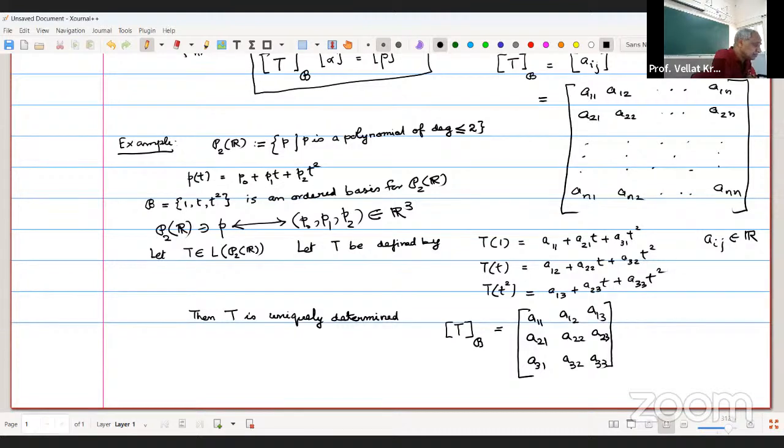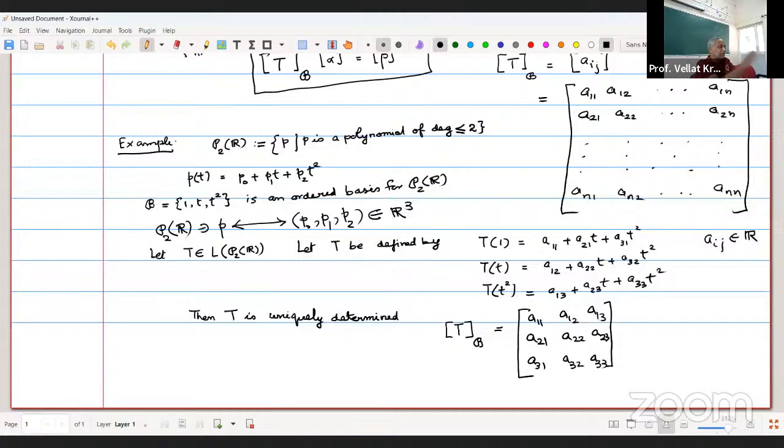Similarly, every linear transformation on P2R can be identified by a 3x3 matrix, which acts as a linear transformation on R3. Okay, that is the analog of that. And so that can be easily worked out. So given T, you can work out the corresponding matrix representation.